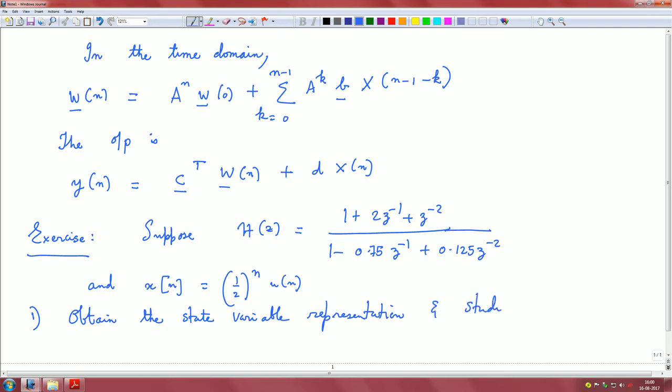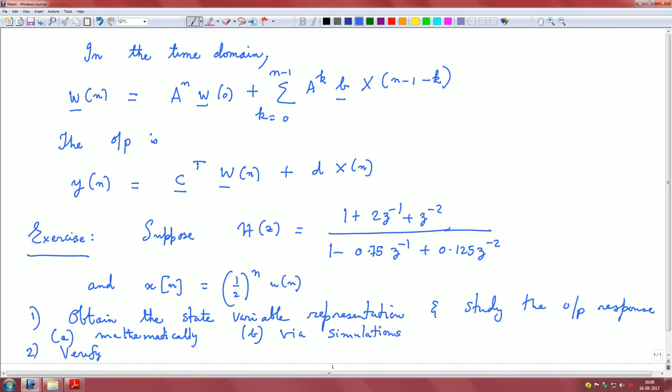and study the output response mathematically, via simulations, and verify these results by any of your favorite undergraduate methods studied in DSP.